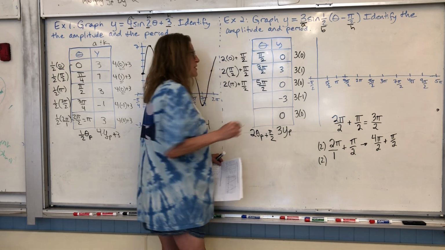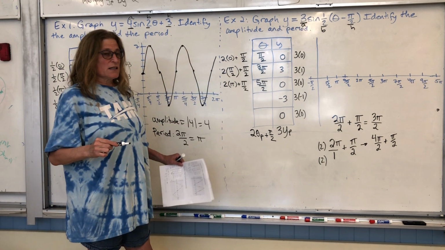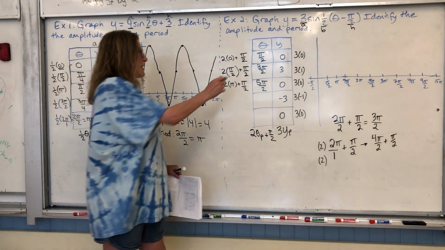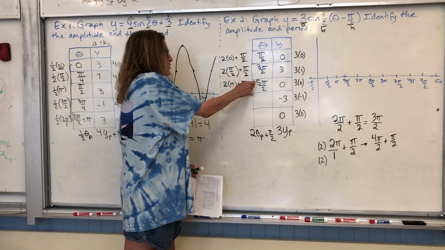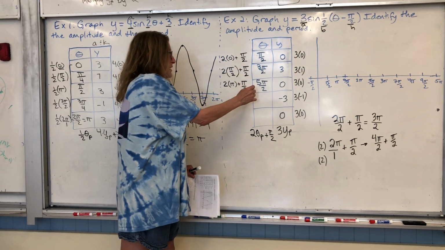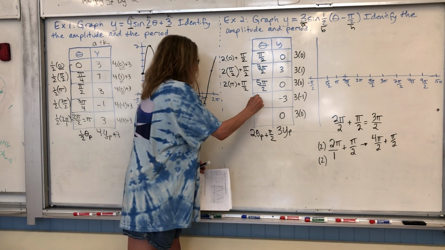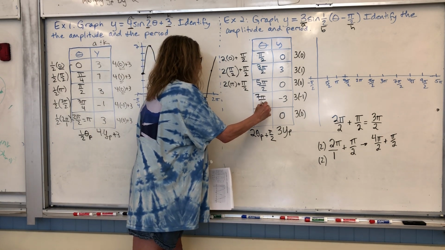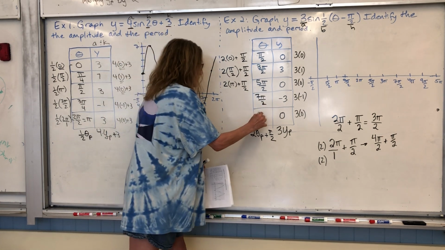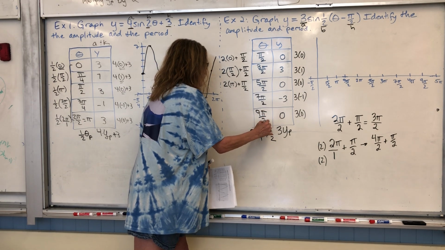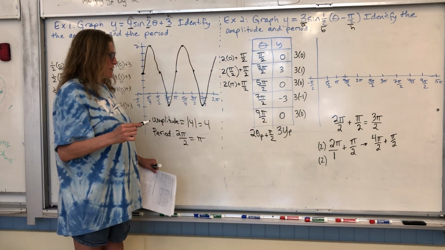Okay, some of you might be seeing the pattern by now, but we'll just do the rest of this. Does everyone see that's 1 pi over 2, 3 pi over 2, 5 pi over 2. Guess what the next one's going to be? 7 pi over 2. And then 9 pi over 2. But let's try one more with the multiplication just for fun.